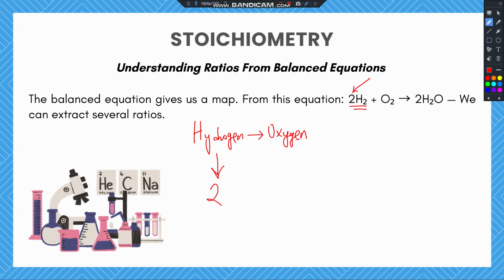So let's write that out. 2 ratio. For oxygen, how many parts of oxygen do we have in this chemical equation? We have just 1. There is no number standing in front of oxygen over here, so it means oxygen is just 1. So we have 2:1. So the mole ratio of hydrogen to oxygen is 2:1. What this simply means is that 2 moles of hydrogen reacts with 1 mole of oxygen.